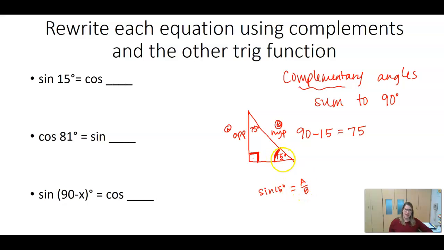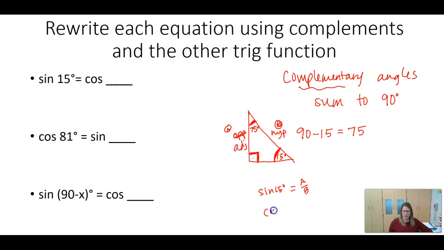But if I look at the cosine of this other angle, so let's look at the cosine of 75 degrees. This is going to become the adjacent side, right? So if this is now my reference angle, this side's the adjacent side, and then over the hypotenuse.